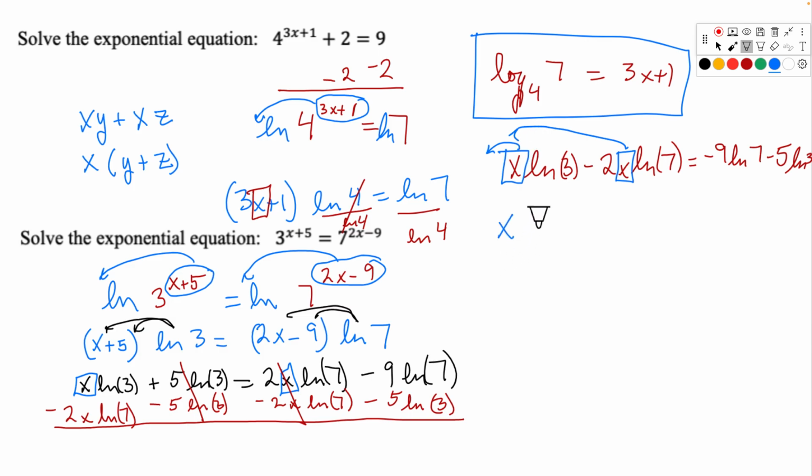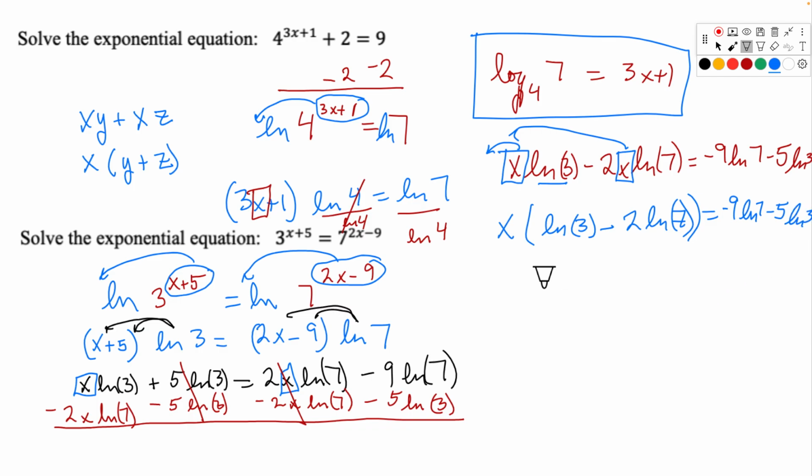So we get x, what's left behind, natural log of 3, that's from this term, minus 2 natural log of 7 equals what was already over here, minus 9 natural log of 7 minus 5 natural log of 3.